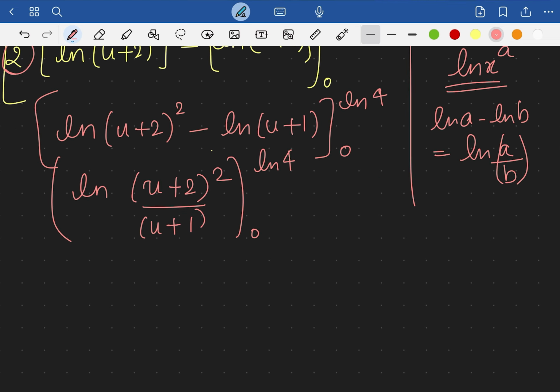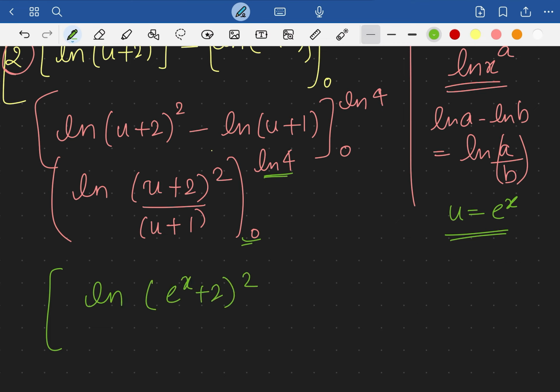Now the next step: whatever substitution we did, we assumed u is equal to e to the power of x. So now we can put it back before applying the limits. Hence I'll write this as ln (e to the power of x plus 2) whole square over (e to the power of x plus 1) from 0 to ln 4.